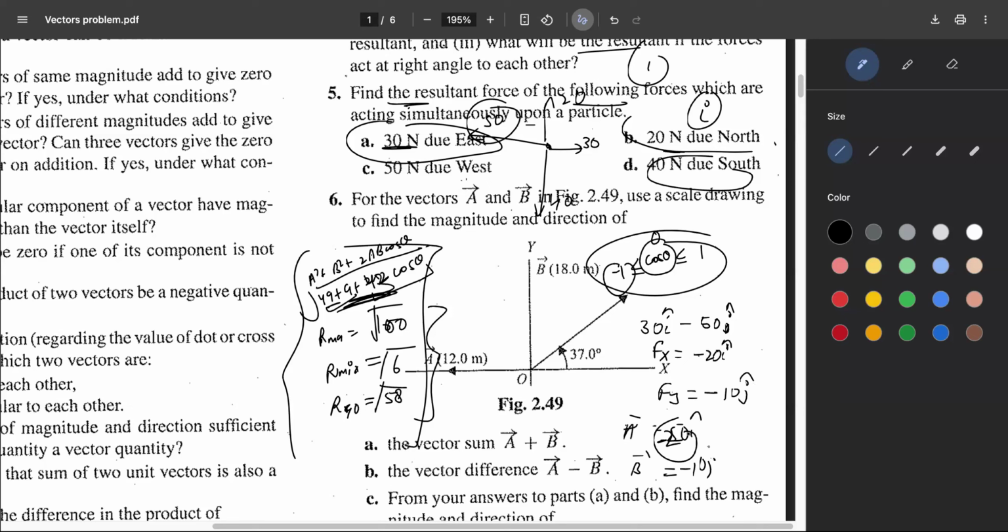Magnitude comes out as 20 square as 400 plus 10 square as 100, so magnitude is root 500. You will get the answer. Clear?